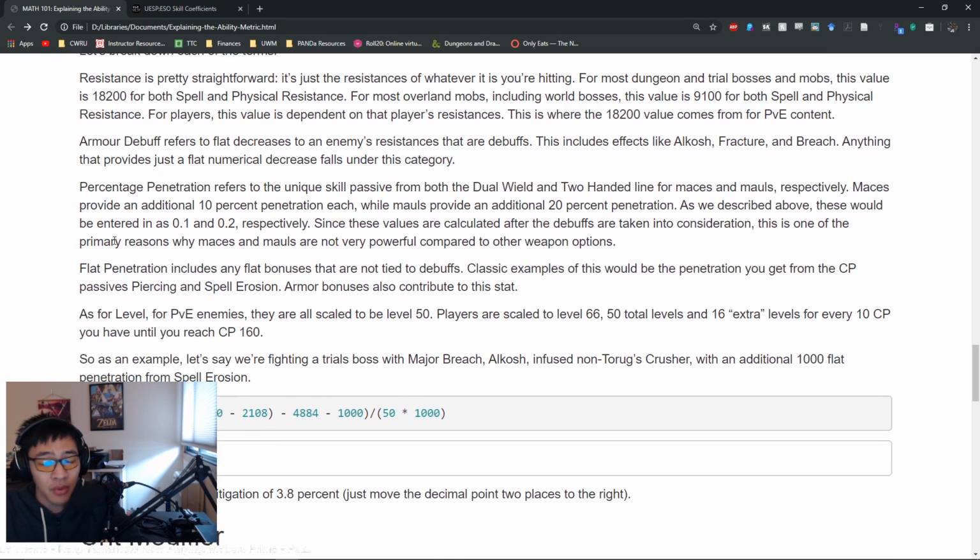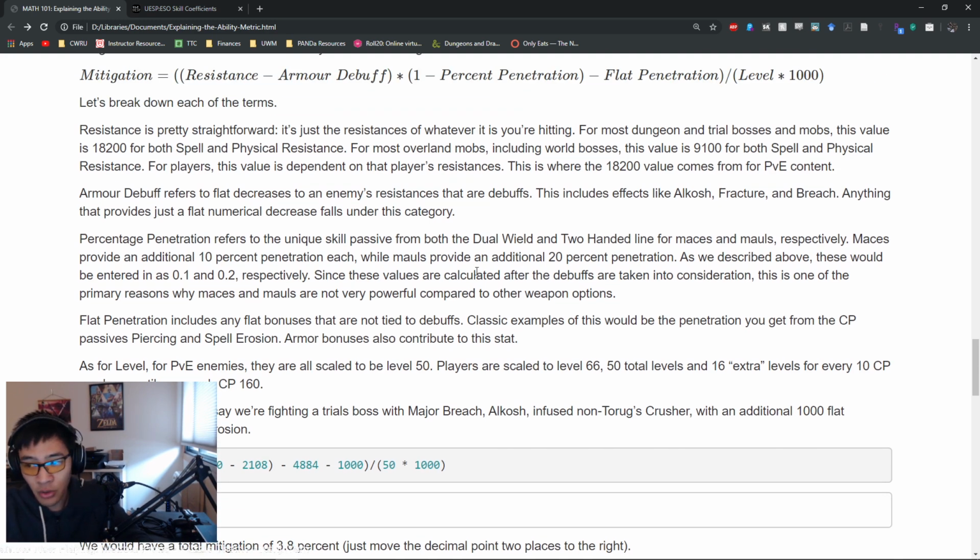Percentage penetration refers to the unique passives that maces and mauls both have. Maces get 10% penetration for each mace that you have, and mauls just get an additional 20%. So these would be entered in as 0.1 and 0.2. If you have 2 maces, for example, it would be 1 minus 0.1 times 2, so 1 minus 0.2.